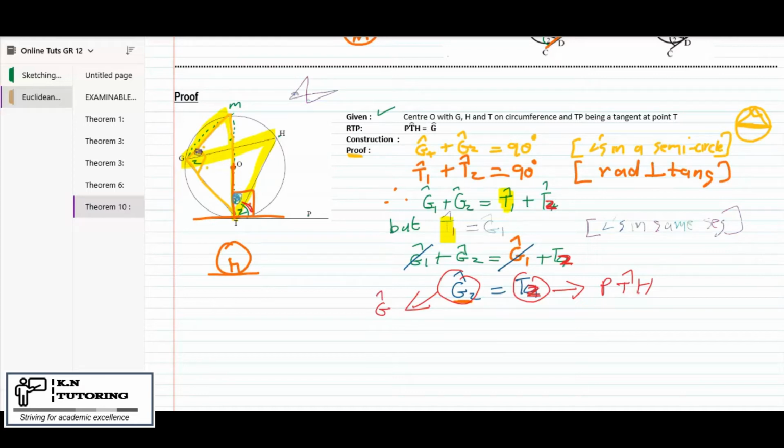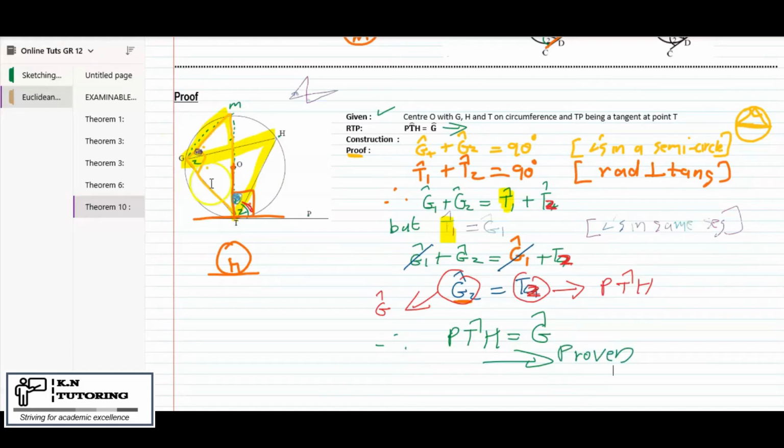Then my conclusion can be, therefore, PTH, which is my G2, is the same angle as angle G. And then if you look at this, it's the same as that, and this has been proven.